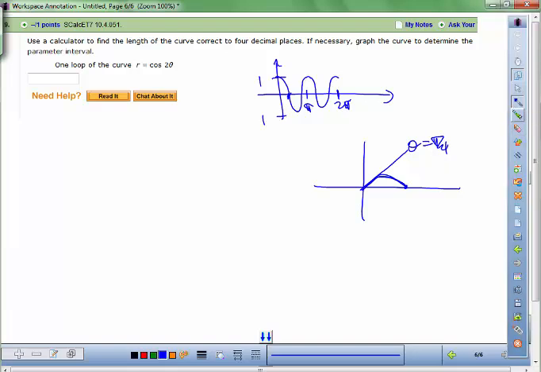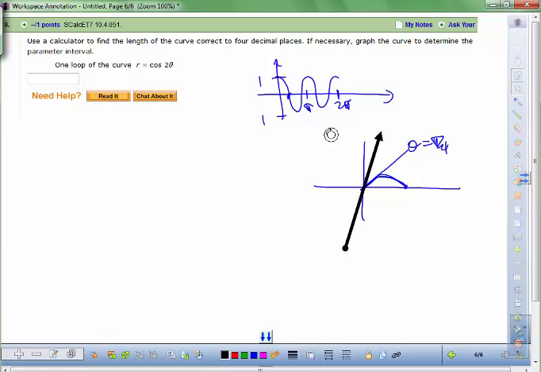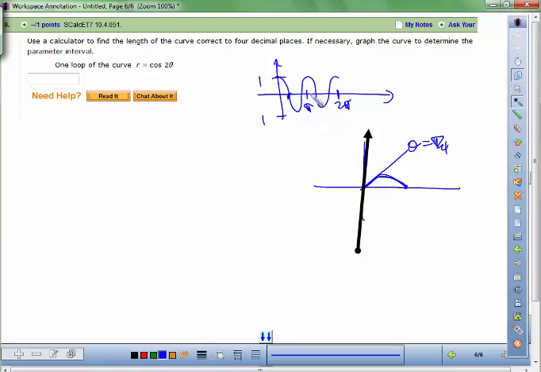When the thing goes negative, and I think I had this little arrow thing going on here. At pi over 4, it's pointing this way, and it's 0 right here. And then if we continue to take that and turn it, it's going to go negative. And then when is it going to hit the axis again?